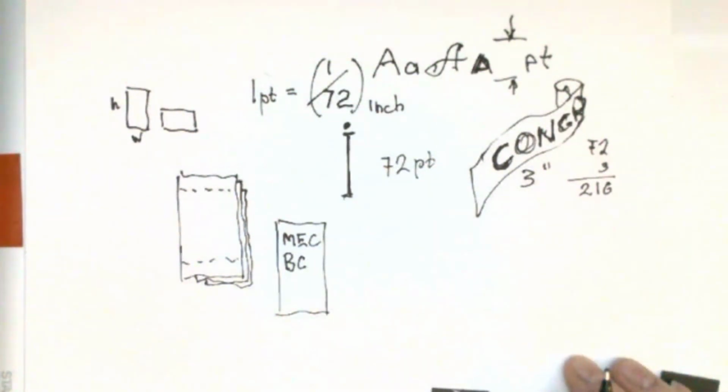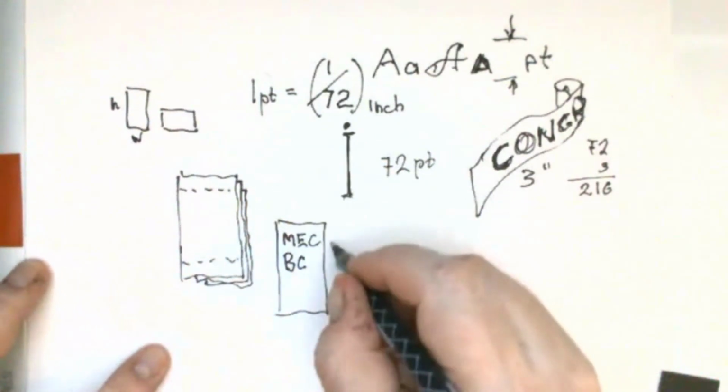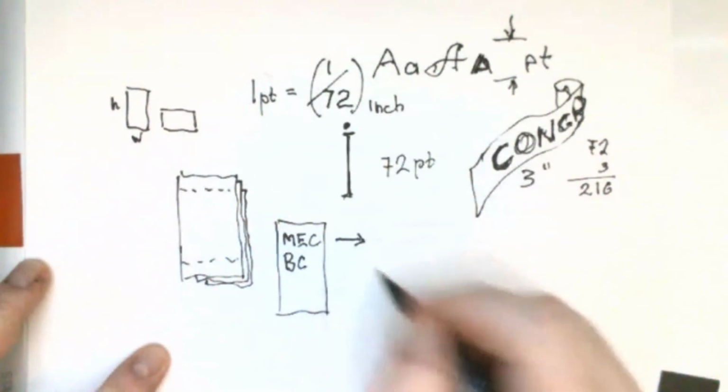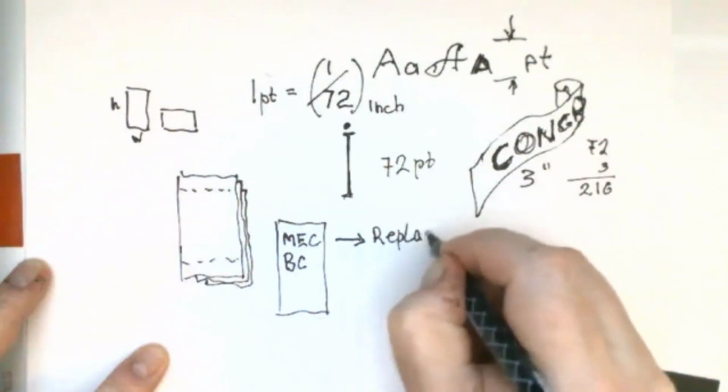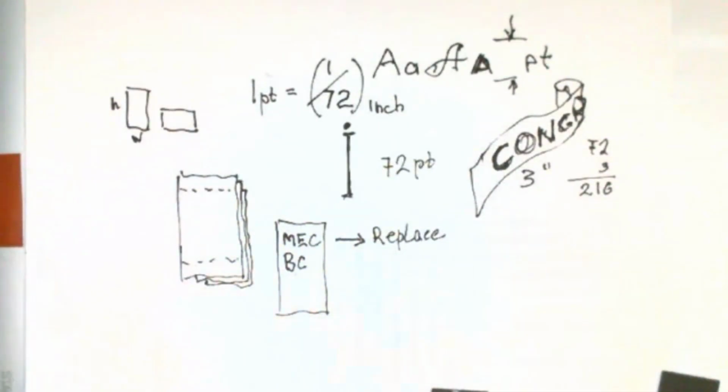What we need to do, folks, is on the right side of the word processor, we have Replace. The Replace operation allows you to make all changes in the entire document.